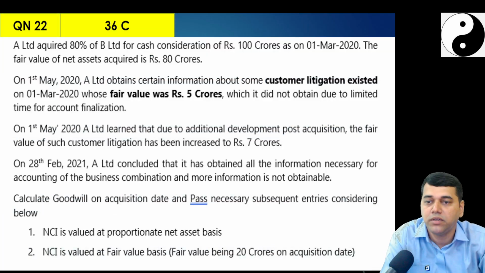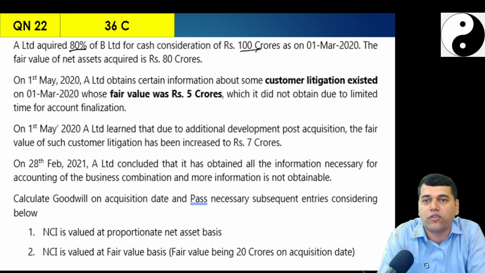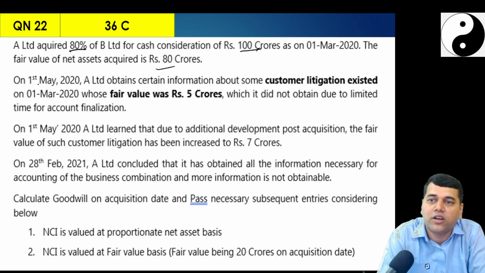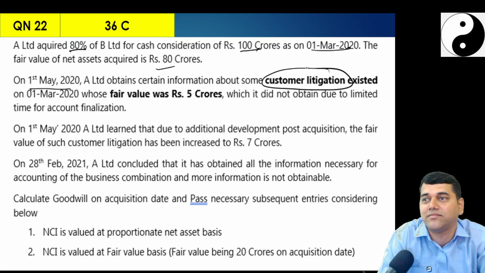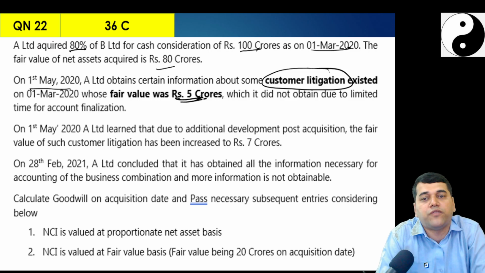Next question, one more, same question, another version. A Limited acquired 80% for 100 crore, 80 crore, on 1st of March. Now on 1st of May, you come to know that there is one customer litigation. Fair value was 5 crore on that day.